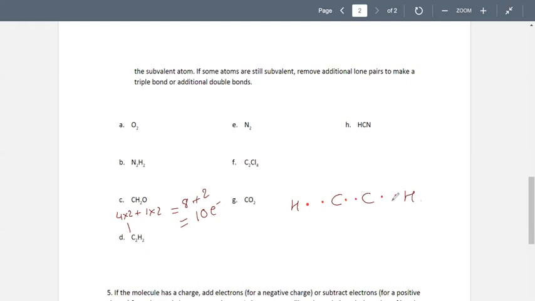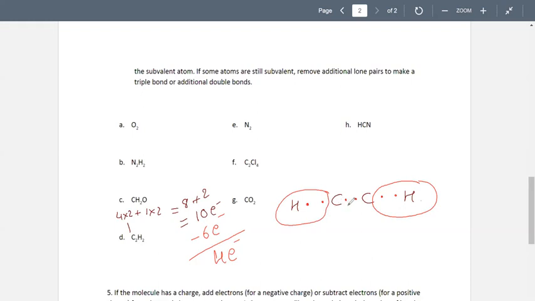Now I'm going to count. I used 6 electrons, so minus 6 electrons. Now I have 4 electrons left. And when I look at the outer circle, this hydrogen is full, it does not need more, and this hydrogen is full, it does not need more.